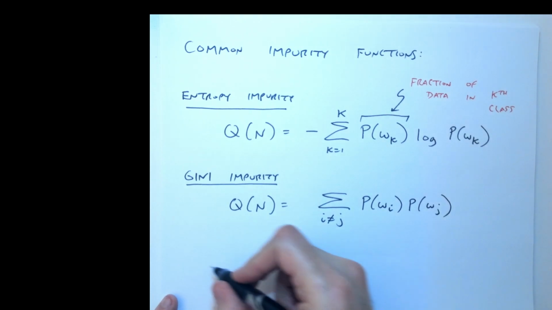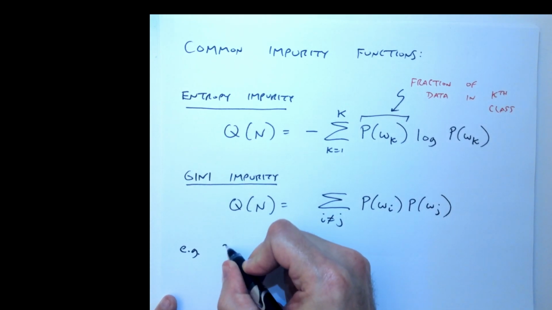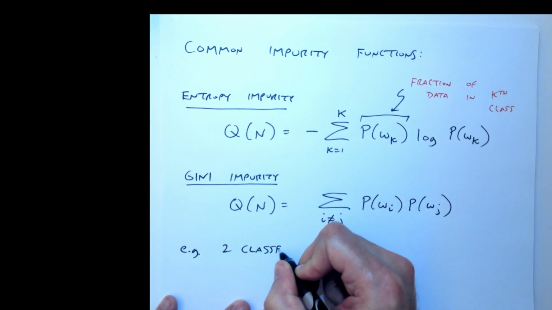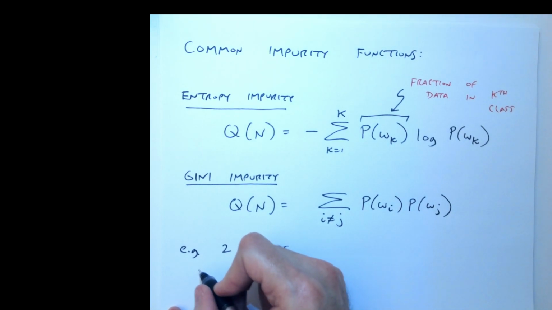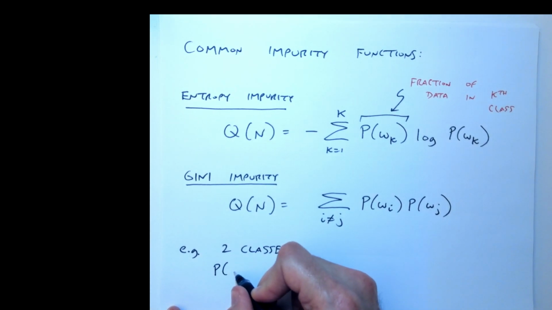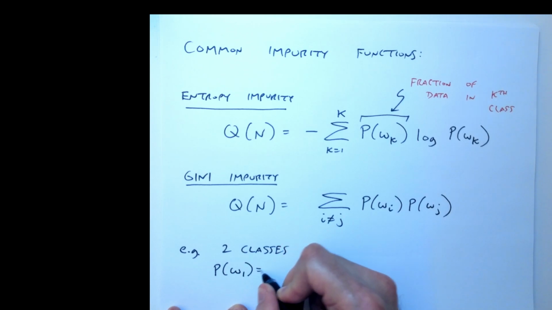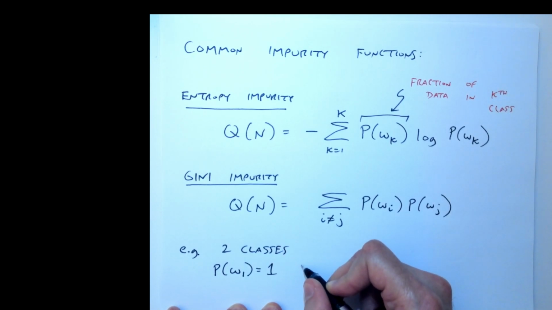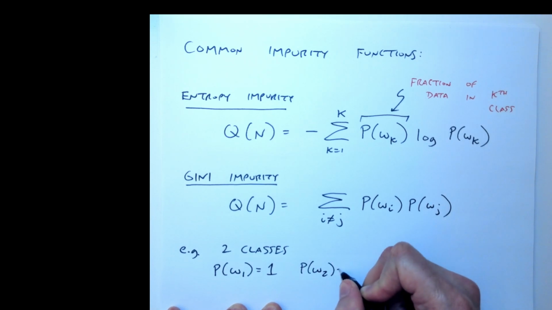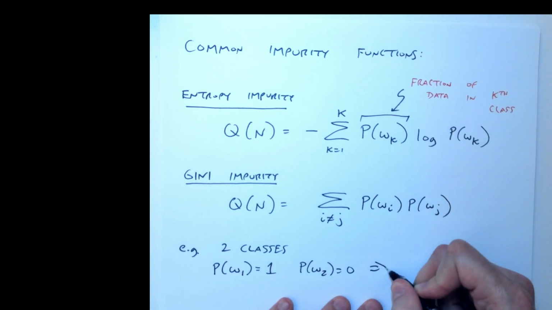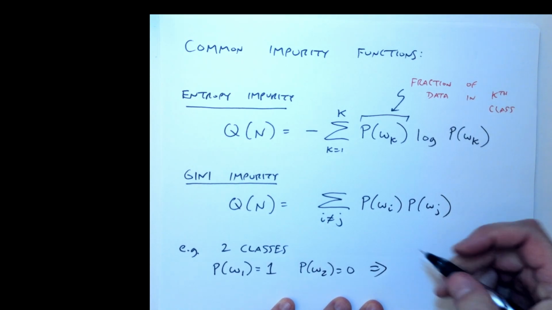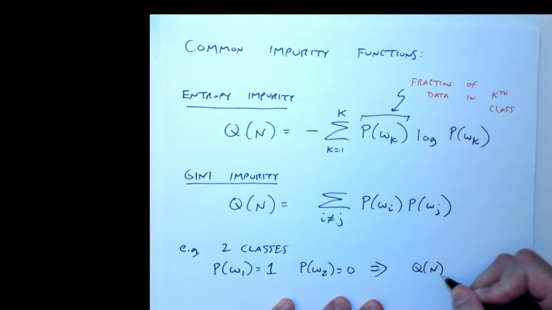So let's consider two classes to make it more direct. The best case scenario is that class 1 has exactly probability 1 and class 2 has exactly probability 0. Then if I apply these measures, both of them give me 0.